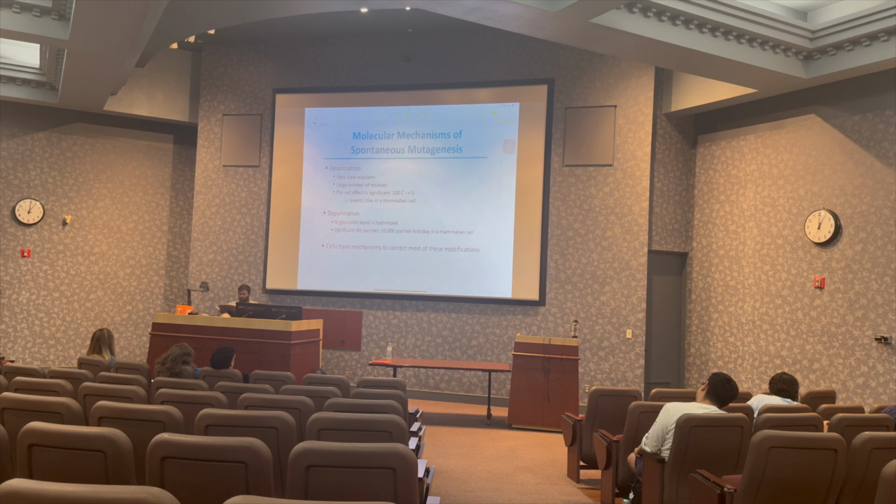What I mean is, the genetic code is universal. Deamination and depurination are two different processes. Deamination is removal of an amine group. Depurination is removal of purine nitrogenous bases. See here, deamination is removal of this group, the conversion of NH2 into a double-bonded O. De means removal, so deamination means removal of the amine group.